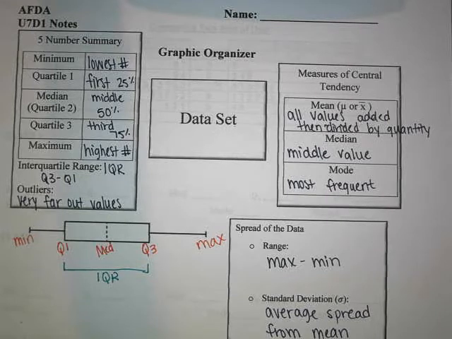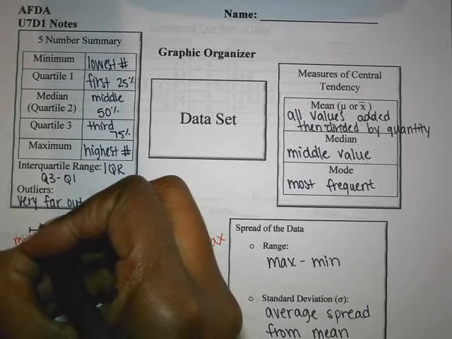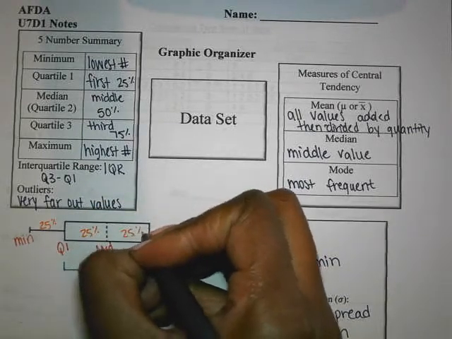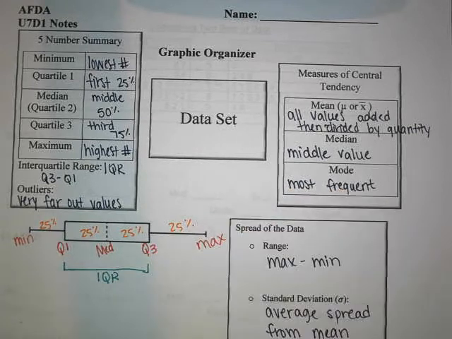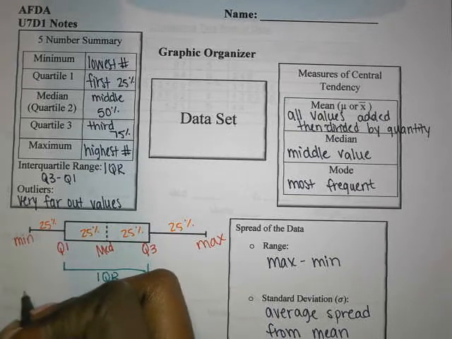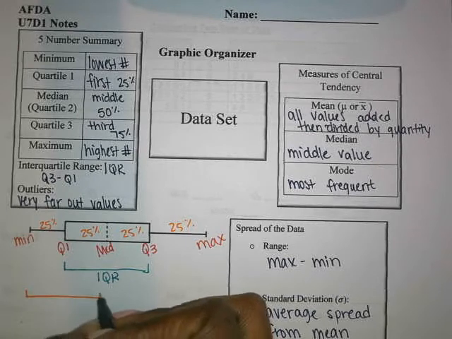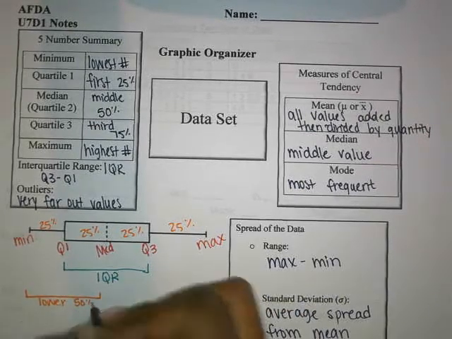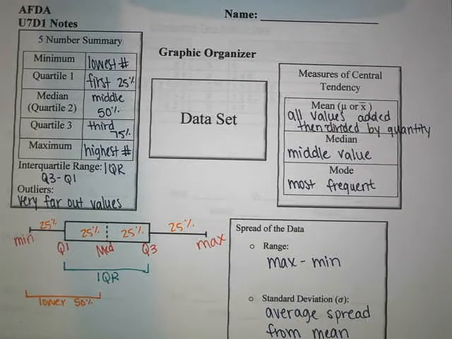All right, so in terms of percentages, if we're ever talking about the lower 50%, the lower 25%, what that means is in this box and whisker plot, each piece here is worth 25%. It doesn't matter how big the data is, how small the data is, we know that each piece is going to be 25%. So that means from the minimum to my median is your lower 50% because each piece is worth 25.